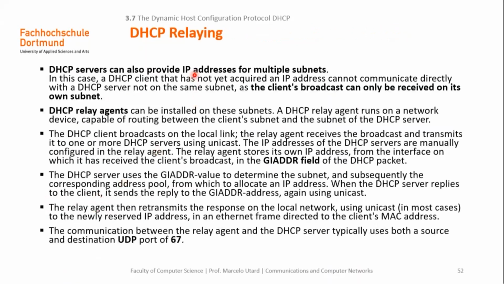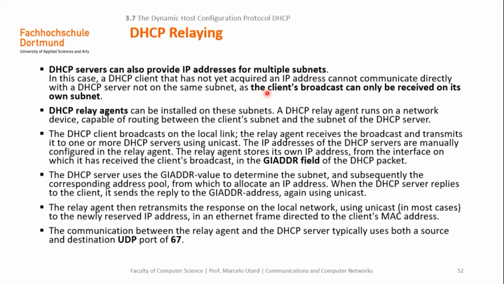Finally, we talk a little bit about DHCP relaying. A DHCP server can also provide IP addresses for multiple subnets, not only the subnets that are directly connected to the DHCP server, but in that case, the client's broadcast can only be received on its own subnet.